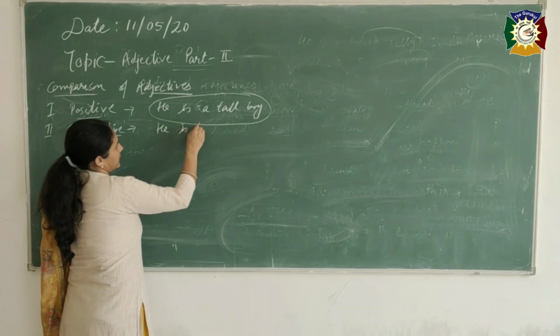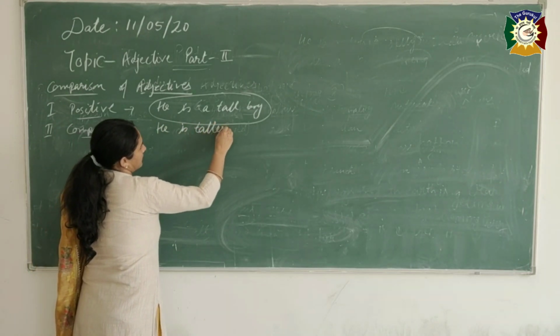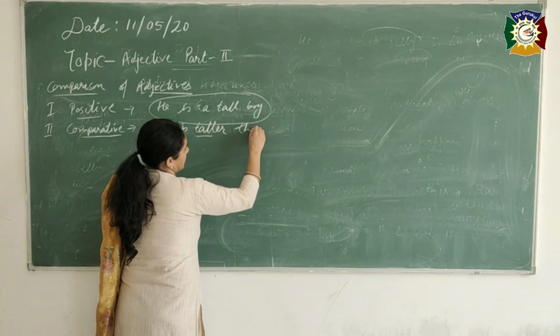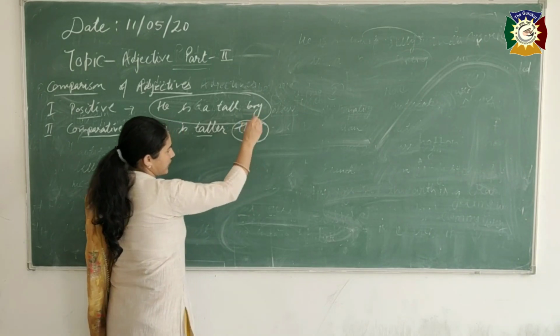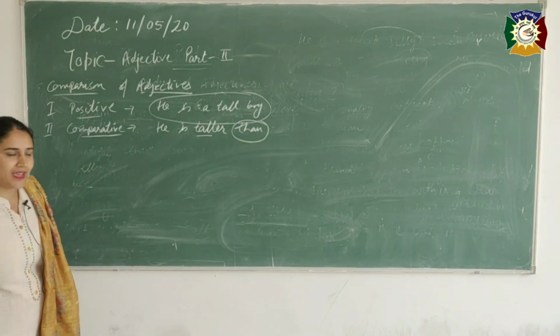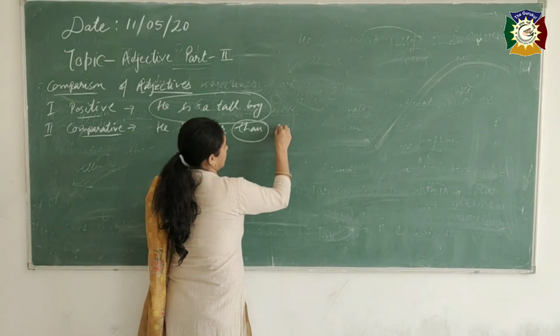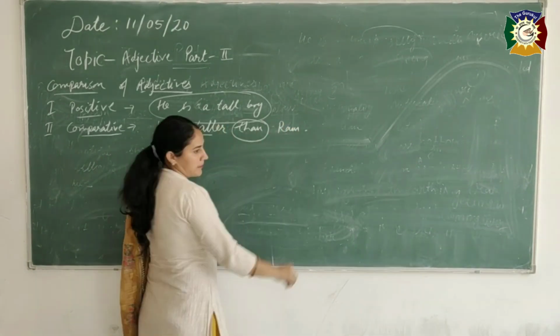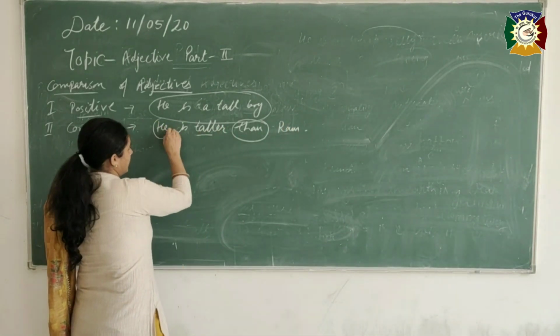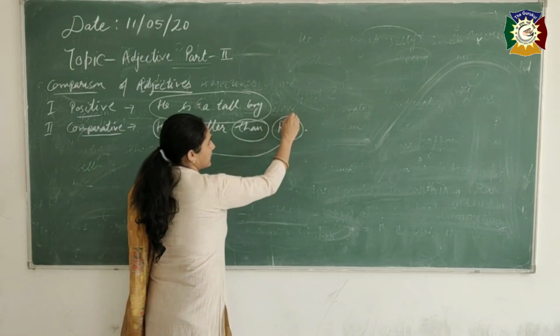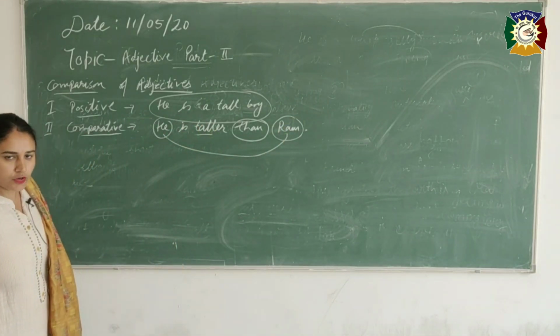He is taller than Ram. When we are comparing things, we have to mention than, T-H-A-N. There are two, mainly he and Ram. We are comparing them. Who is taller of them?